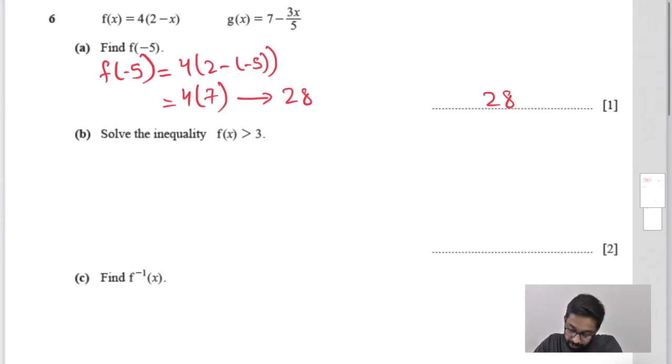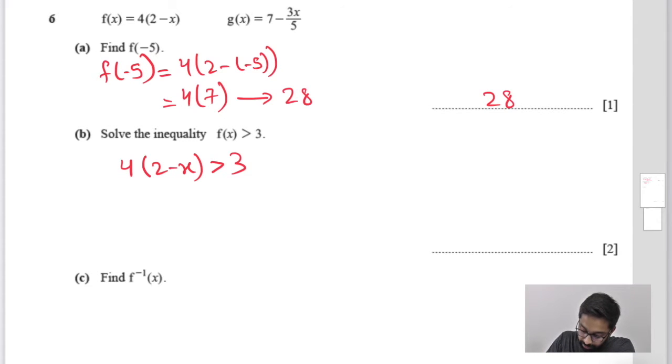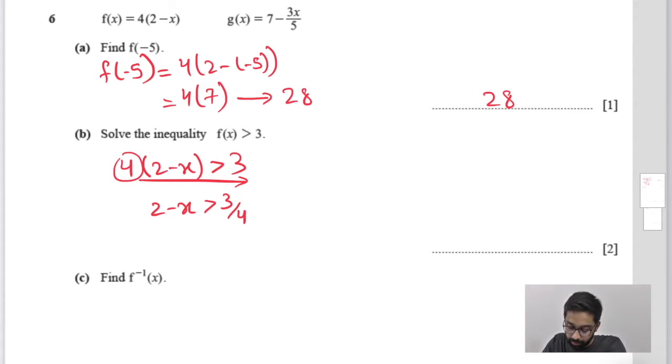The next part of the question says, solve the inequality f(x) is greater than 3. That means 4 times (2 minus x) is greater than 3. Okay, the first step is that I move 4 to the other side and bring it below 3. So you have 2 minus x greater than 3 over 4. The next part is I take this negative x to the other side and bring this 3 over 4 to the left.